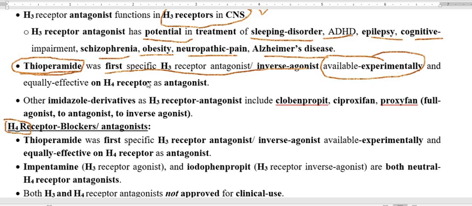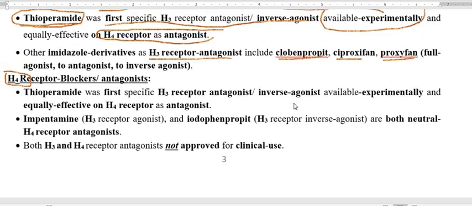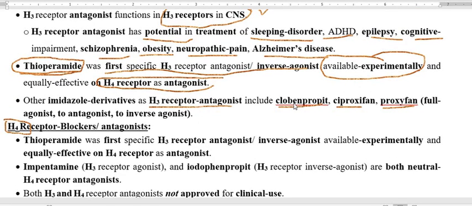It is not only an H3 receptor antagonist, but also an H4 receptor antagonist. The other imidazole derivatives as H3 receptor antagonists are clobenpropit, ciproxifan, and proxyfan. So this is all about this class. In the next class, we will discuss the next topic. That's all.